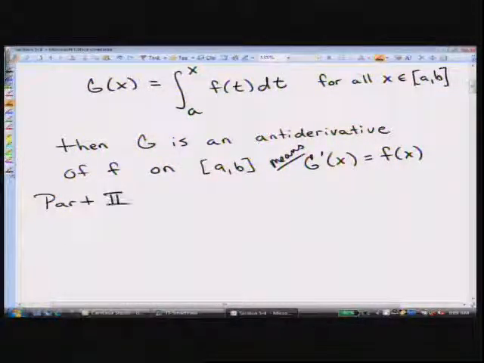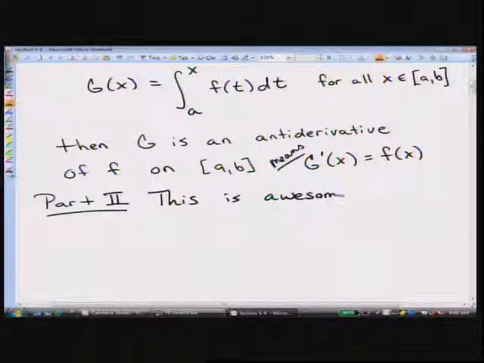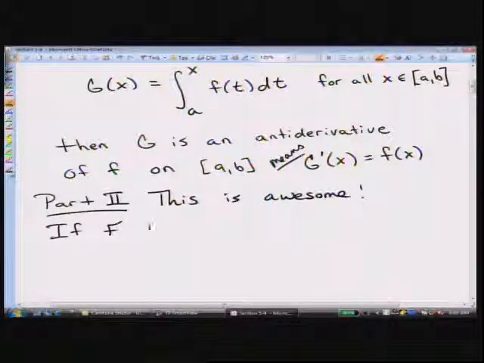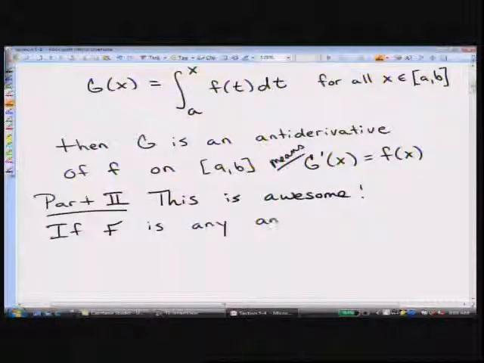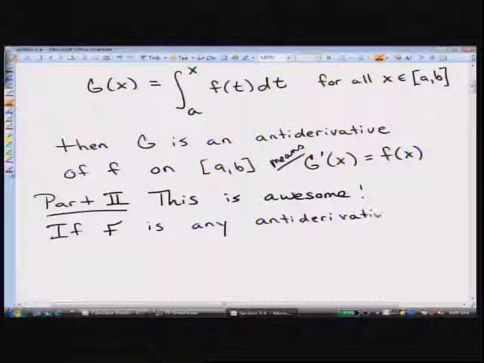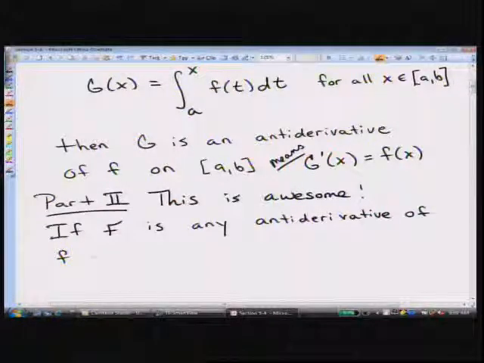All right, part 2 is the really cool part. You ready? This is awesome. If big F is any antiderivative of little f, so big F is the antiderivative of little f on [a, b].